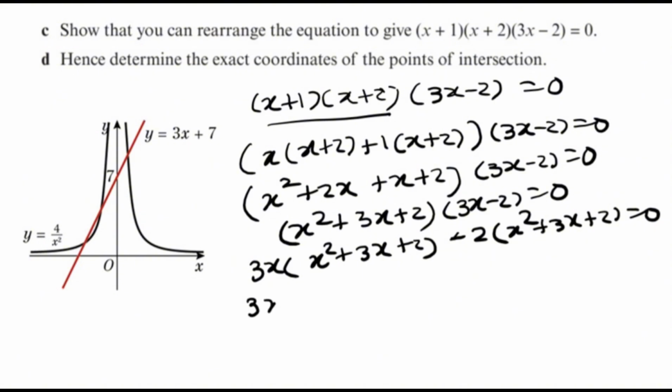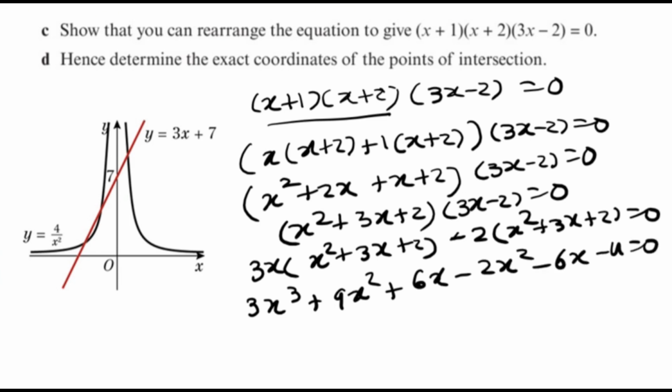So this is 3x cubed plus 9x squared plus 6x minus 2x squared minus 6x minus 4 equal to 0. Collect like terms and simplify it. So 3x cubed, 9 minus 2 will give you 7x squared.